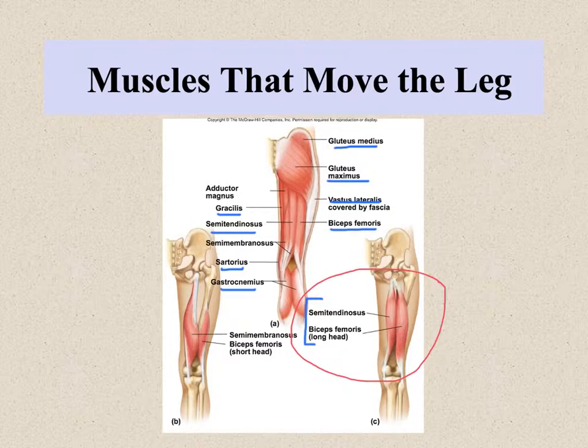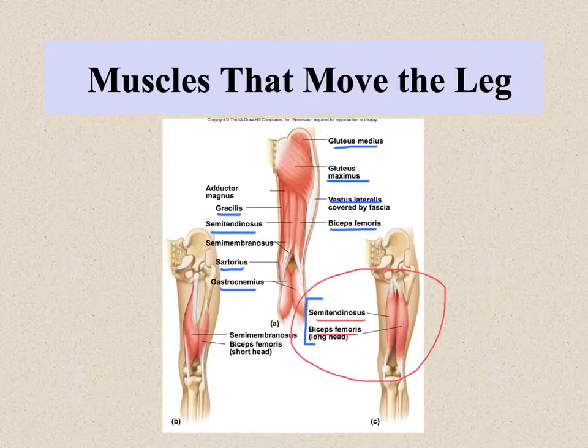Like the biceps brachii in the front of the arm, you have the biceps femoris on the back of your leg in the hamstring group. The other hamstring muscle that I want you to remember is the semitendinosus, so a half tendon.